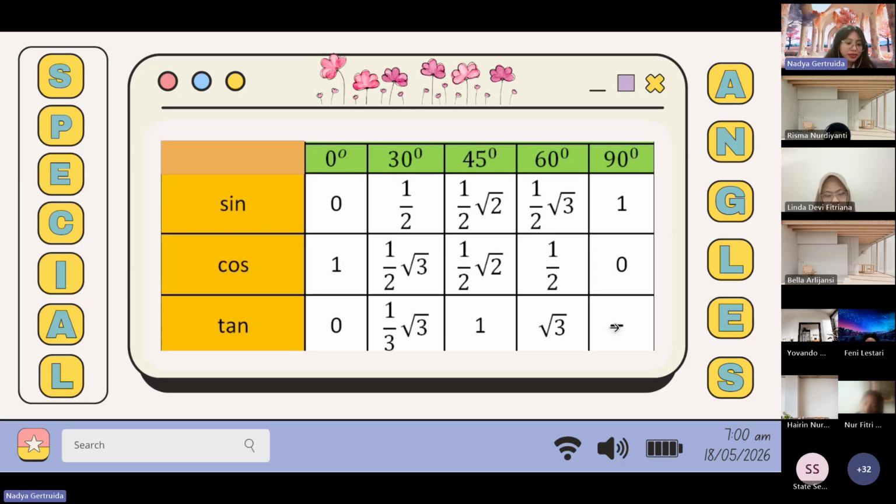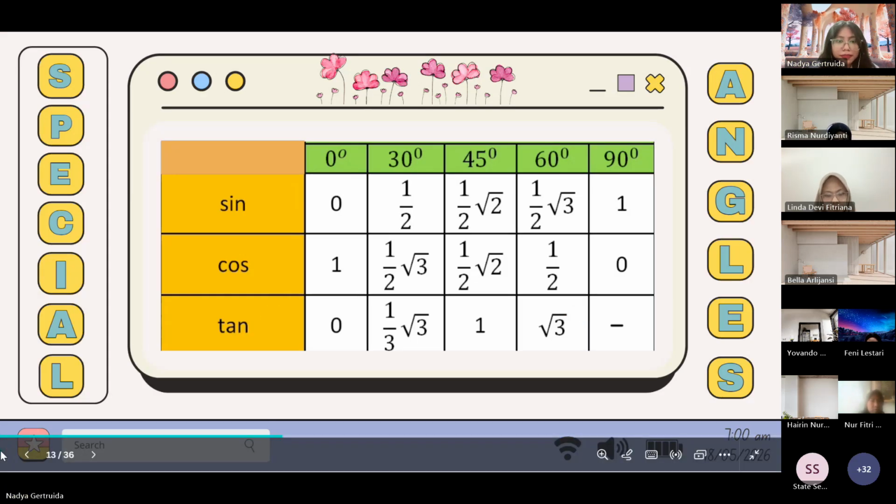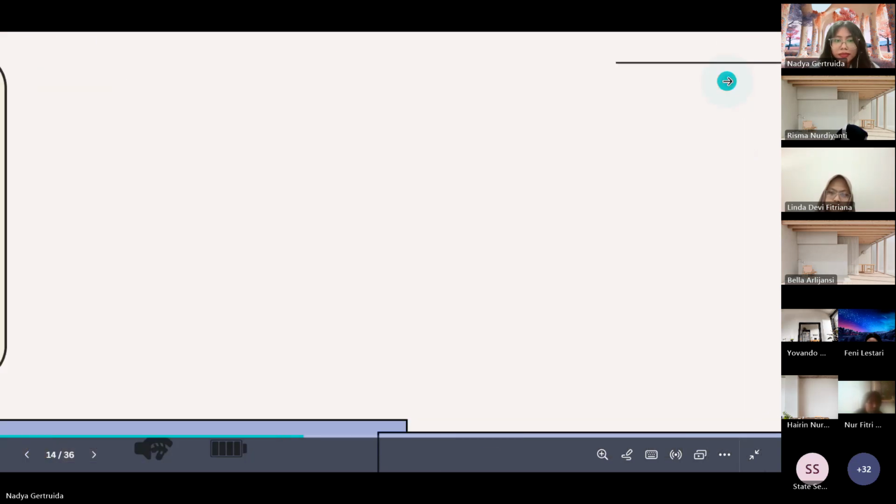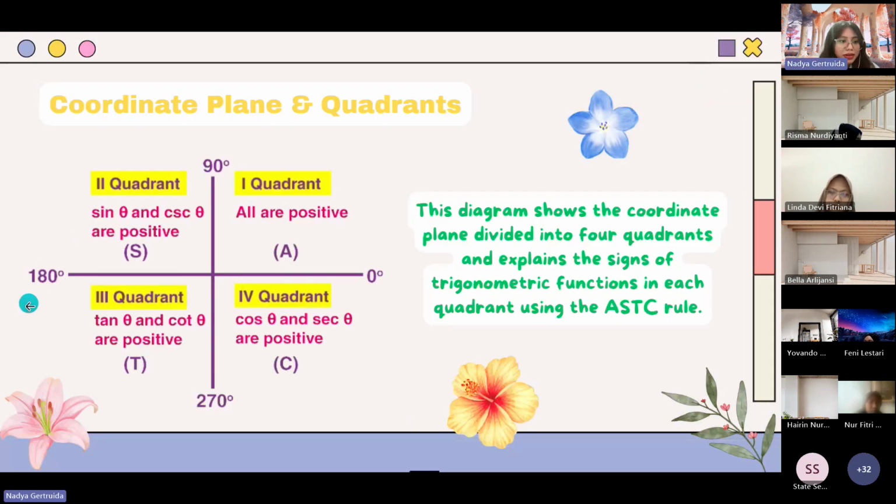Okay, and for the 180 degrees, wait, I will check. This is the 180 degrees.